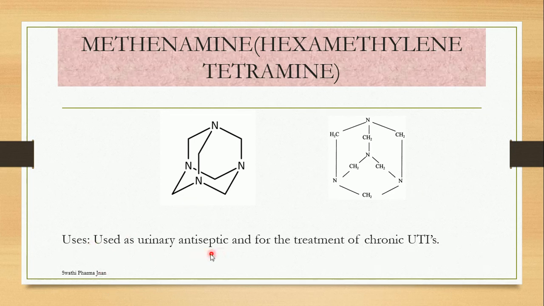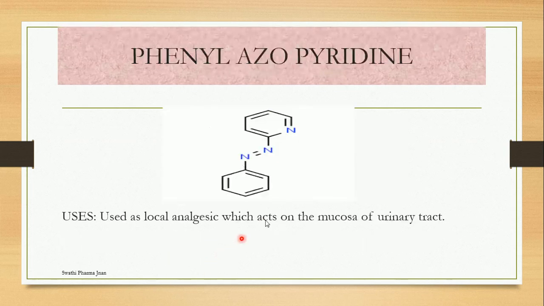It is used as a urinary antiseptic and for the treatment of various chronic urinary tract infections. Urinary antiseptic means if any pain is there during urination because of urinary tract infections, then the patient can apply this methenamine or hexamethylene tetramine ointment to get relief from the pain.